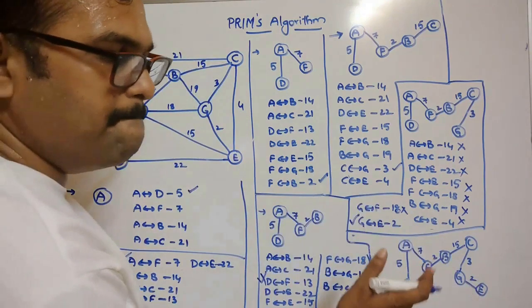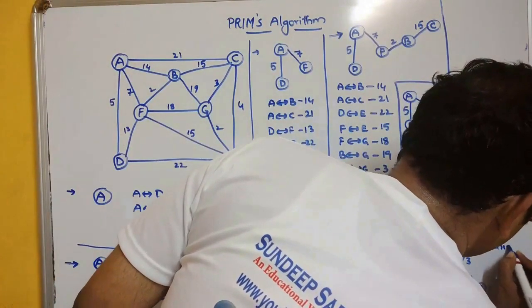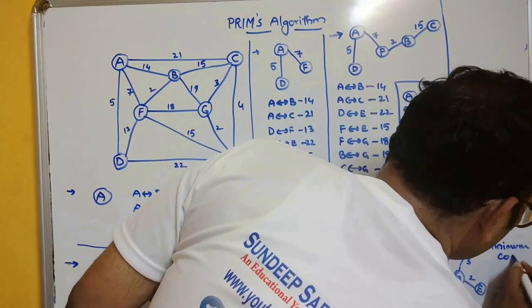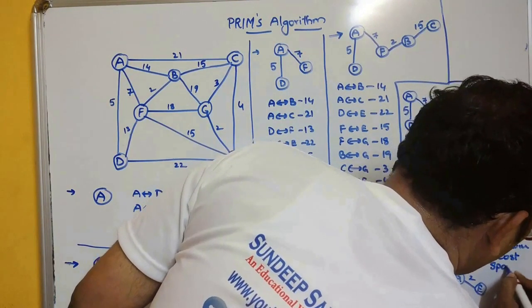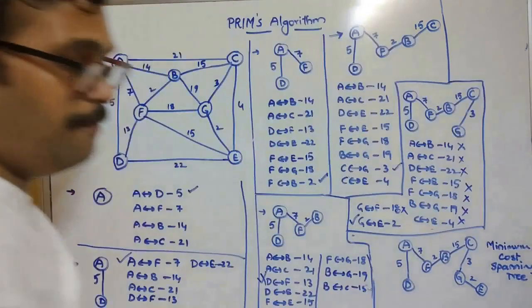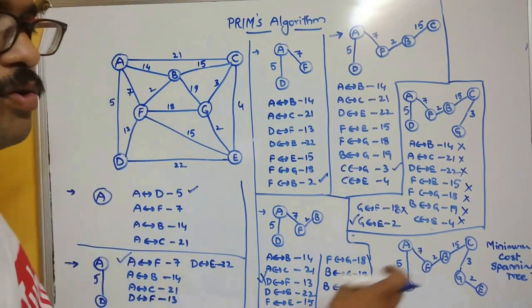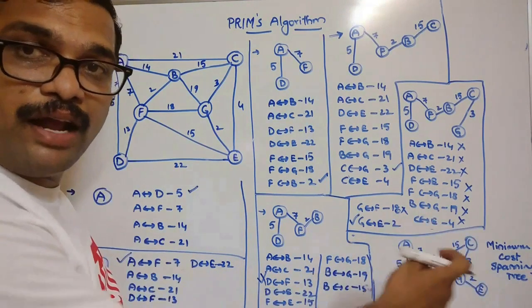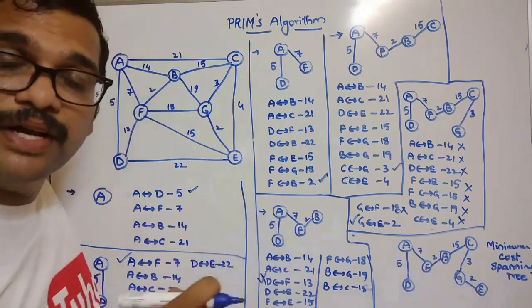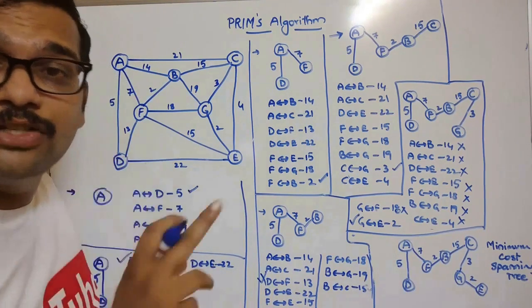So this is the minimum cost spanning tree. So you can see we are having all the vertices, and if the graph is having n vertices, the edges should be n minus 1.